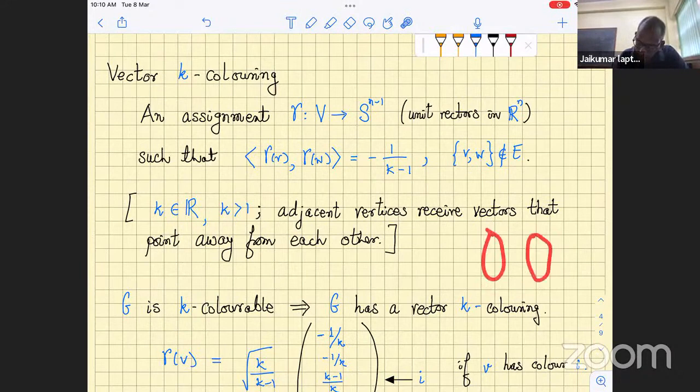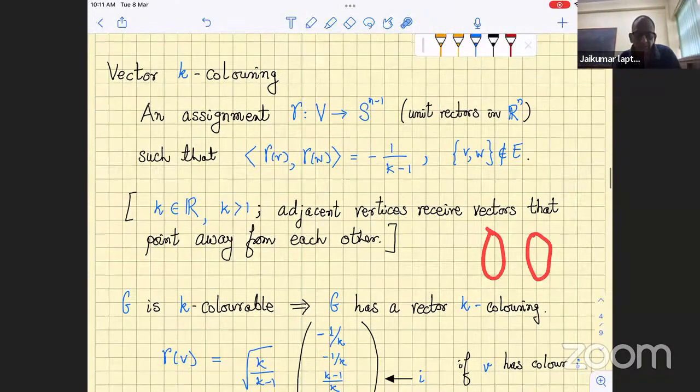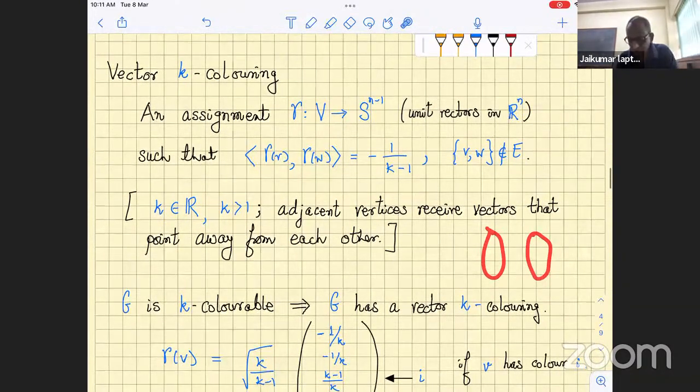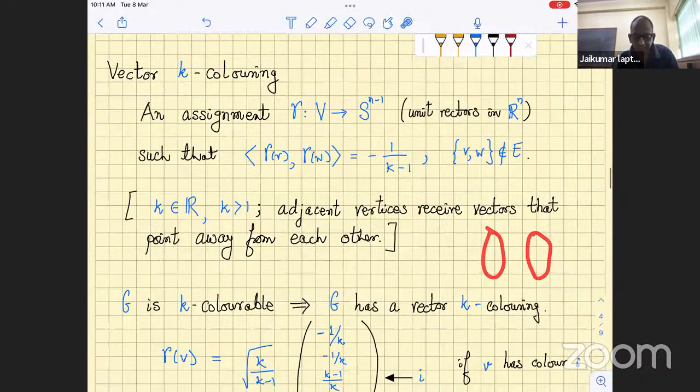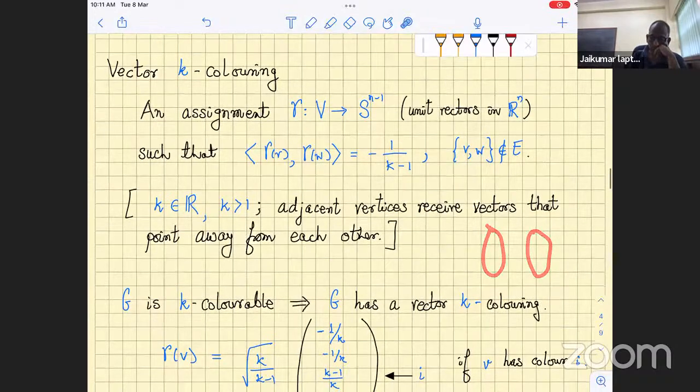And we want to assign two colors or two vectors to these vertices so that the non-adjacent vertices. Sorry, what did I say? Have I made a mistake here? One second. No, sorry, this was perfectly fine.